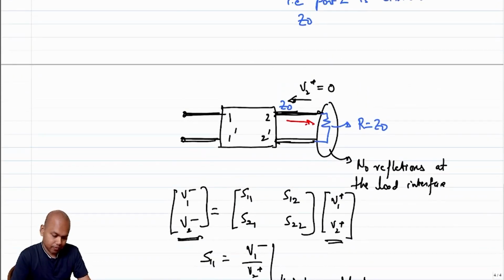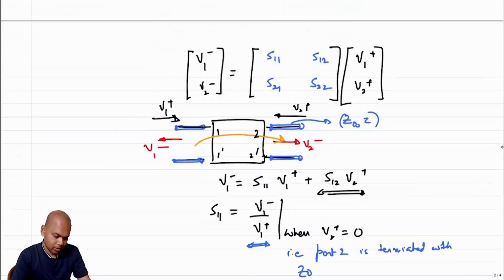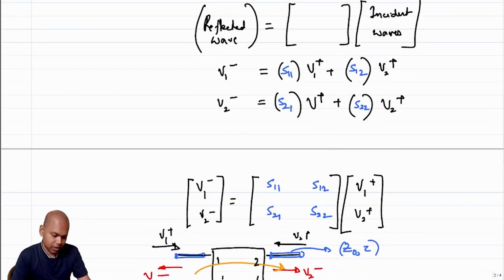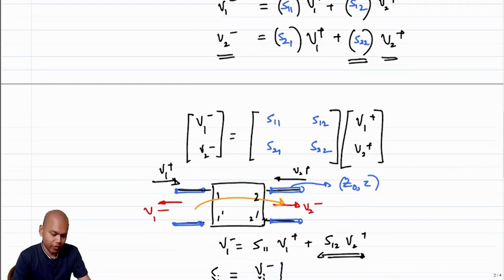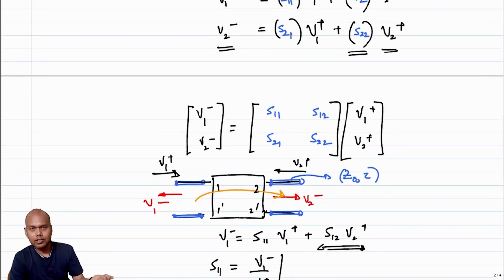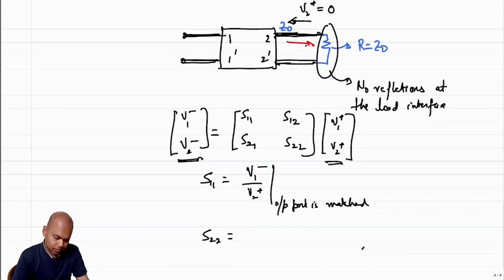So again, go back to this. What is S22? S22 is V2 minus divided by V2 plus when V1 plus is equal to 0. And how do I ensure V1 plus is 0? Which means there is no reflection at the source interface, right? So this is essentially V2 minus over V2 plus when the input port is matched.